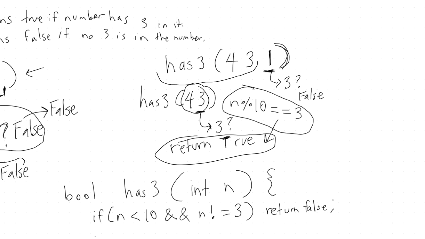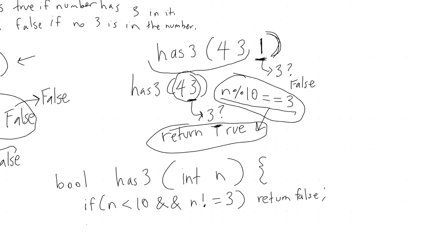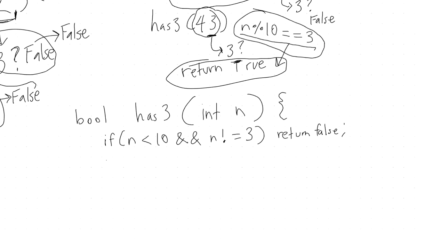But if we cut off digits until we get to a 3, it's still the last digit that we're able to look at. So if n mod 10 is equal to 3, then we can immediately return true.